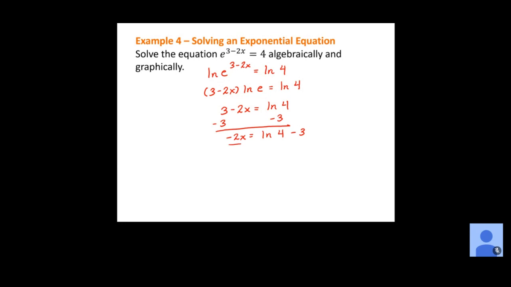Good. Divide by the negative 2. So that's going to give us x equals natural log of 4 minus 3 all over negative 2. Any questions on any of those steps?